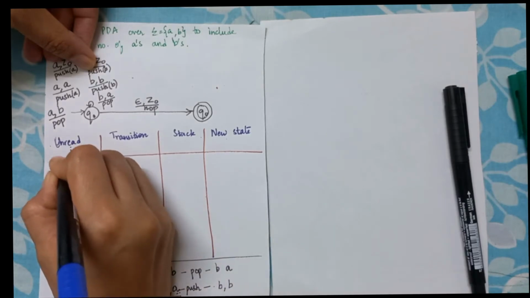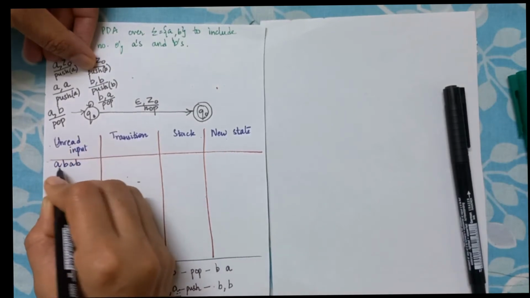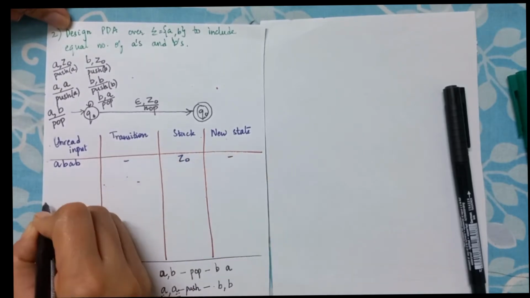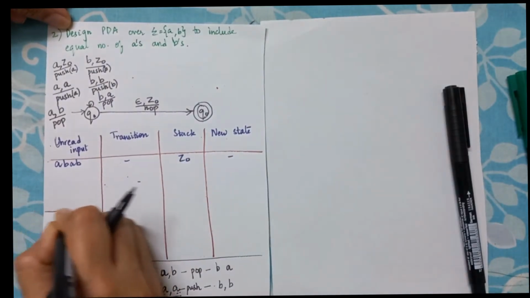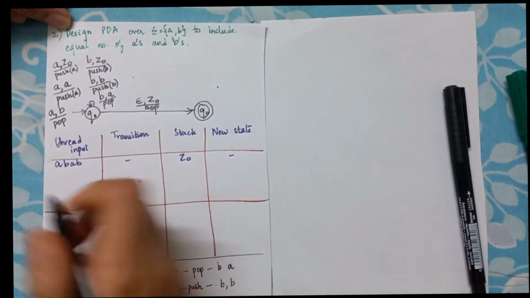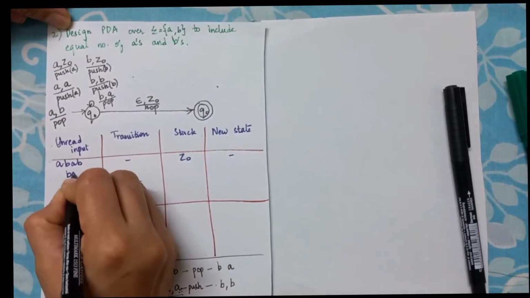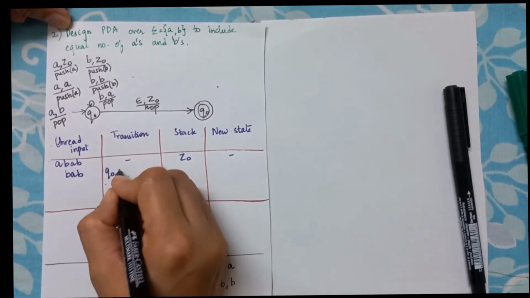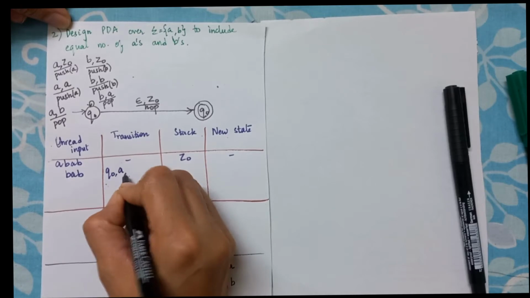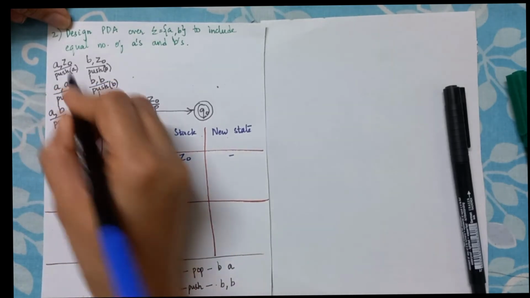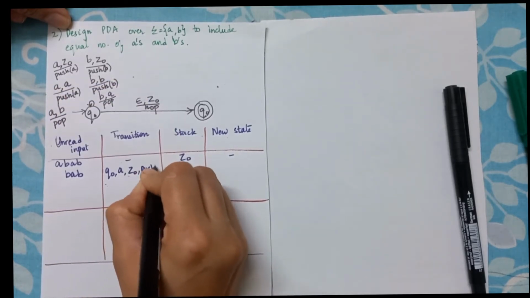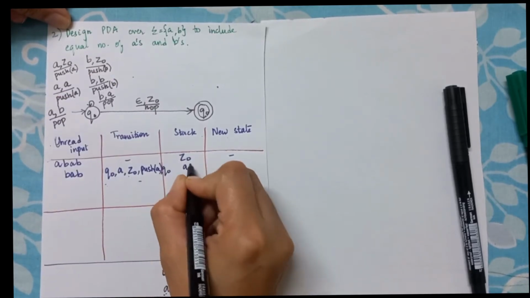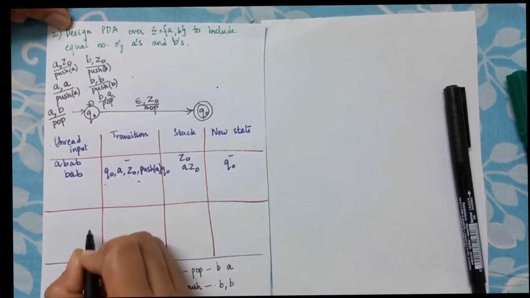Initially I'm reading an A, and Z naught is the stack top. I am initially at state Q naught, reading A with Z naught. The operation is push of A and I remain at Q naught. The stack will have A Z naught and I am at Q naught.